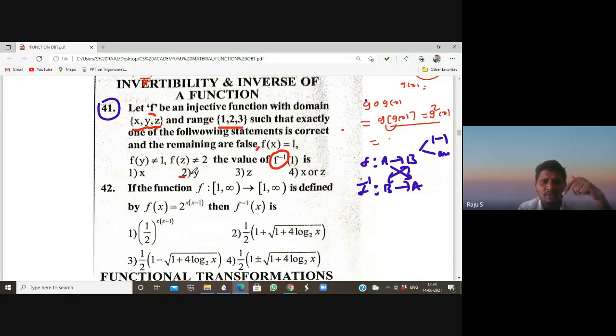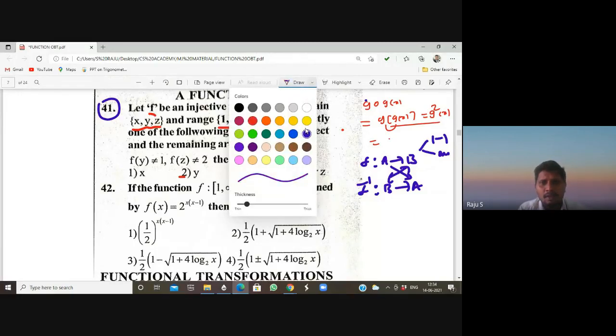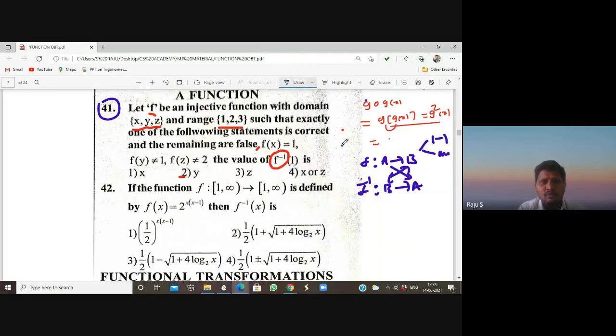Okay, students? Right. Now, first case, I'm going to check all these cases here. If you have not understood this question, once again I'm going to explain.